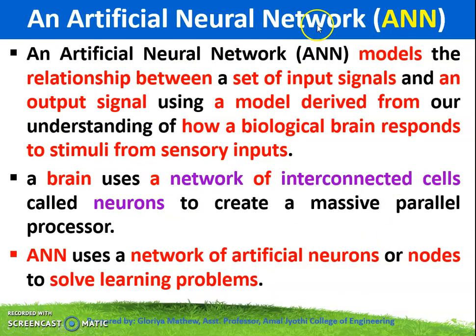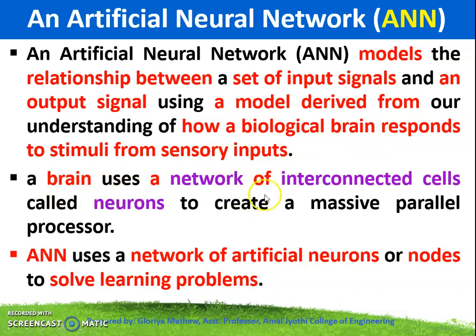An artificial neural network, or in short ANN, models the relationship between a set of input signals and an output signal using a model derived from our understanding of how a biological brain responds to stimuli from sensory inputs.